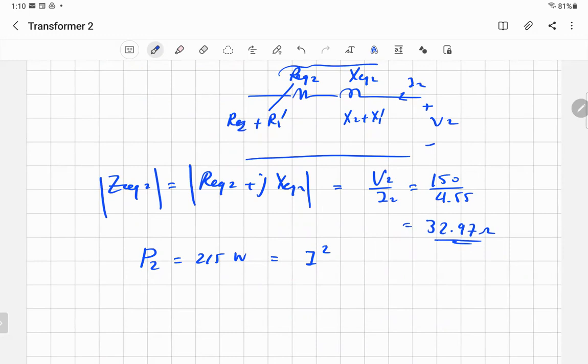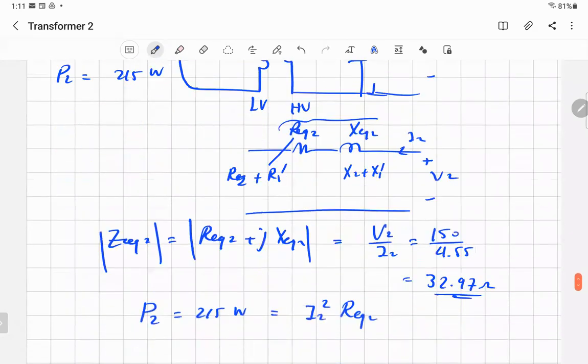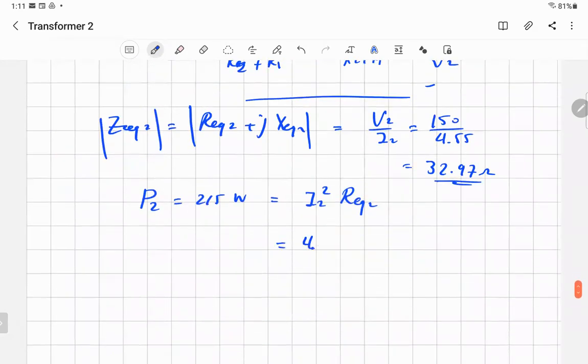I don't have a choice. So I2 square times R equivalent 2. Do you have the I2? Yes. The measurement of the ammeter, the magnitude, 4.55. So 4.55 square times R equivalent, which I don't know, will give me 215. From this equation, I find R equivalent 2. That will be equal to 10.4 ohm.